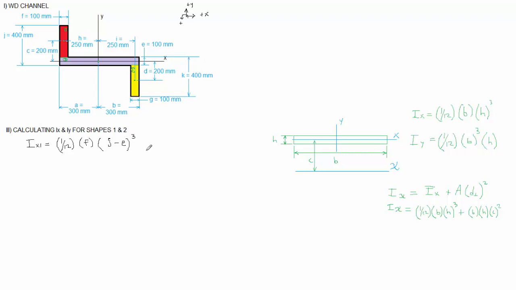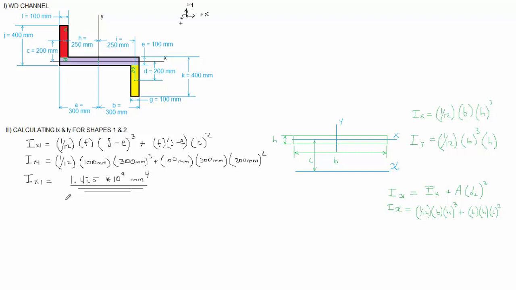Since it's not located on the actual axis, we have to add the area. The area would be f times (j minus e), and then multiply that by the perpendicular distance to the x-axis, which in this case is c, and that gets squared. Now we can plug the numbers in. We will find that the moment of inertia around the x-axis for shape 1 is 1.425 times 10 to the 9th millimeters to the 4th. Remember that that's the moment of inertia with respect to the actual x-axis because we added on this second term.